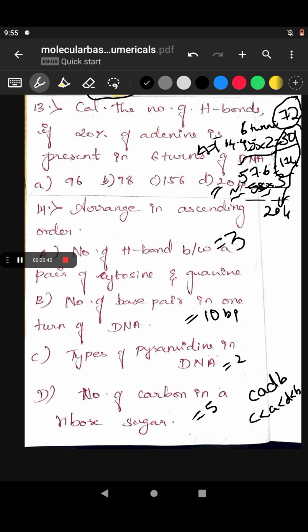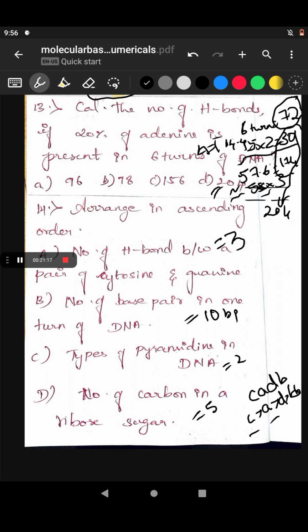So C is 2, then 3, that is A, then D and B. So this is how the arrangement will be 2, 3, 5, 10 in ascending order.